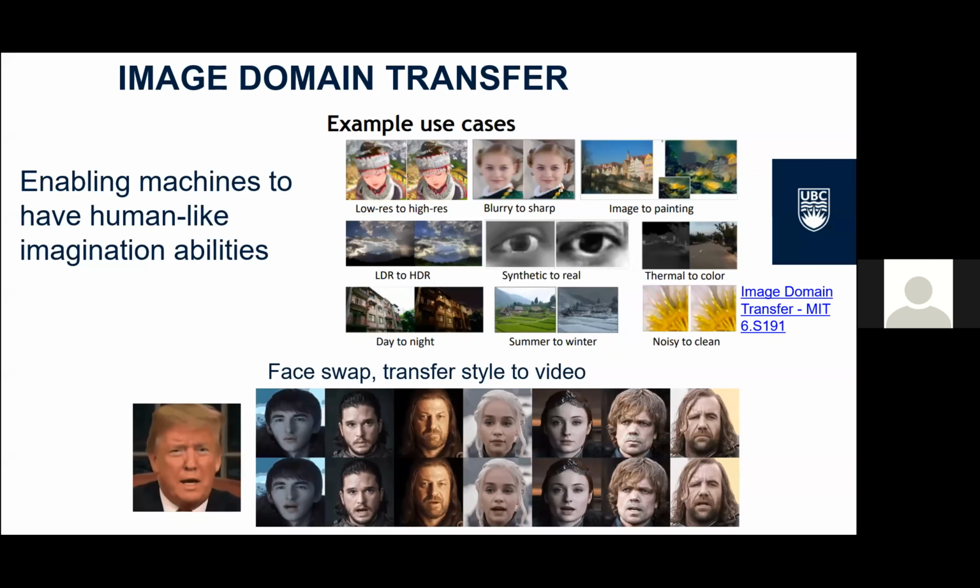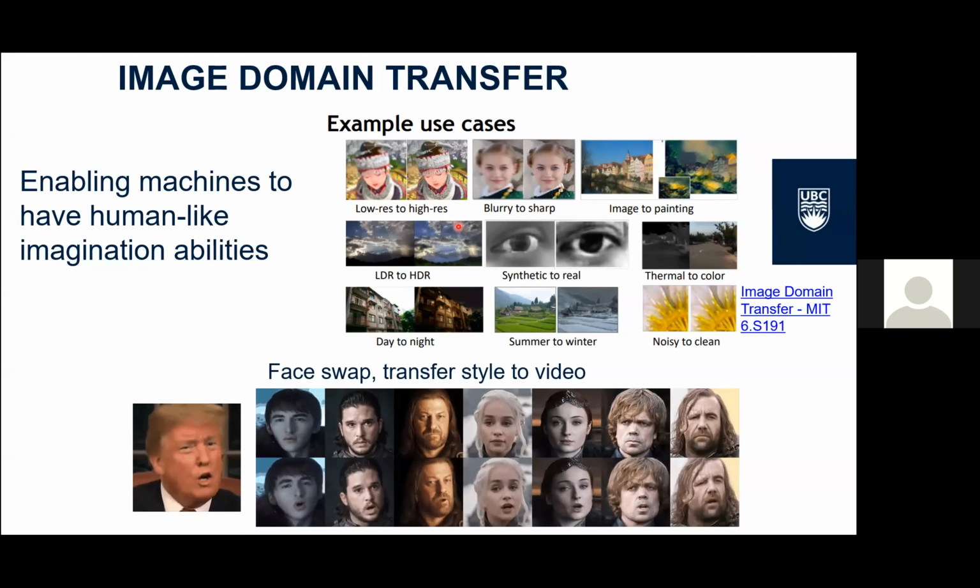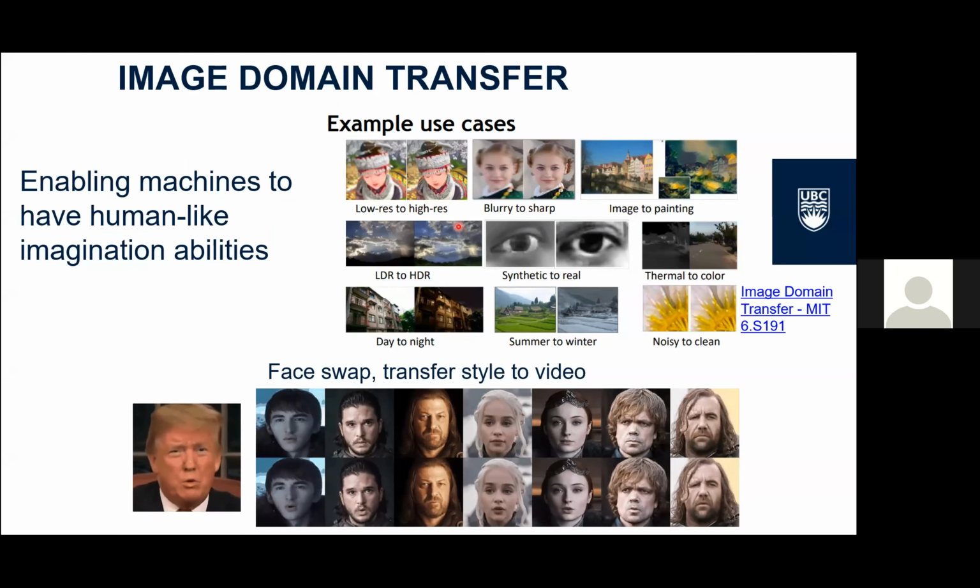So now we've got lots of automatically labeled data. If we want to use them for training DeepLabCut, the next step will be to make them more realistic. We adopt a leading technique called image domain transformation. This method enables machines to have human-like imagination abilities. For example, it can be used to increase the resolution of an image, which is called super resolution, or make a photo look like a painting, or maybe change the weather from sunny to rainy.